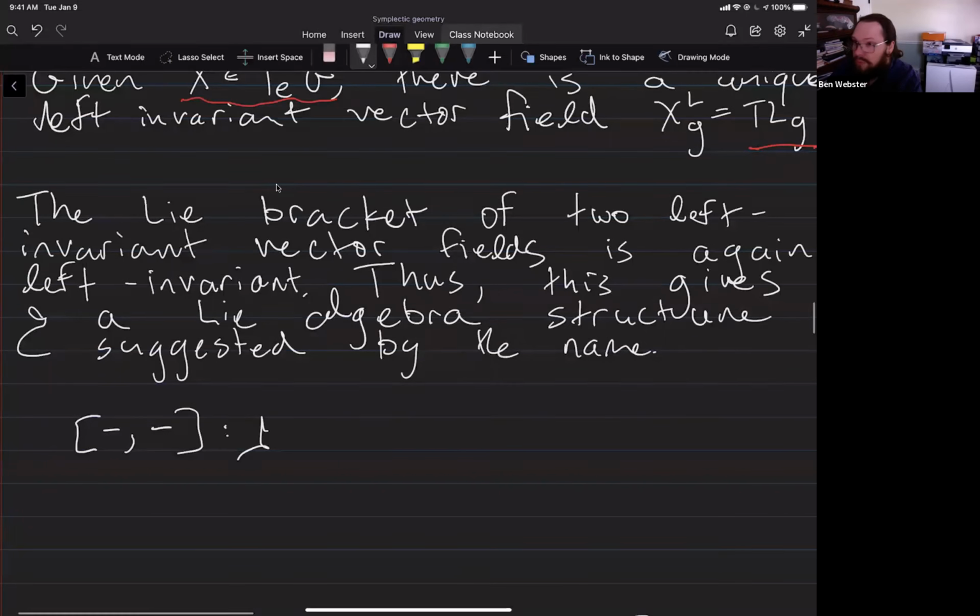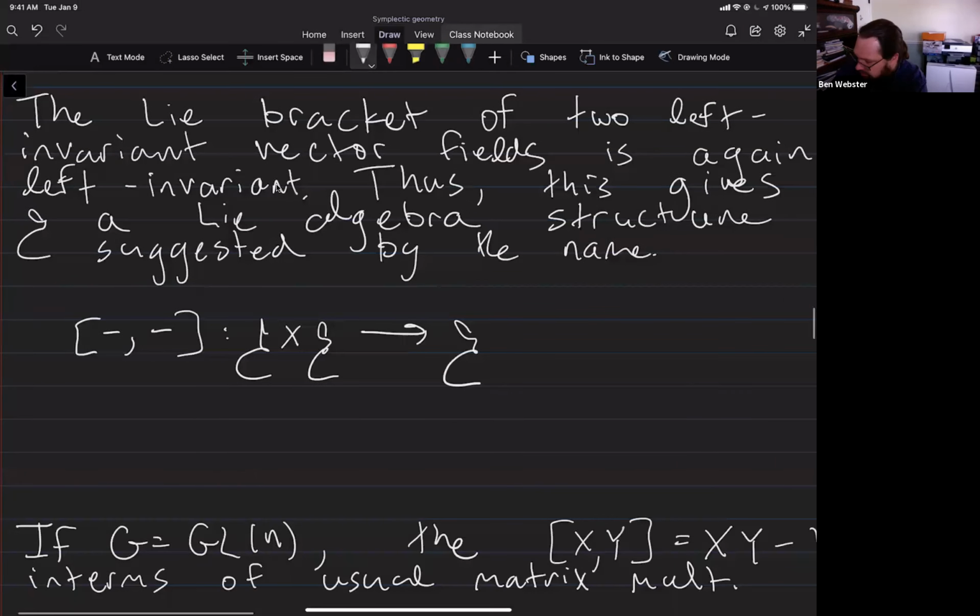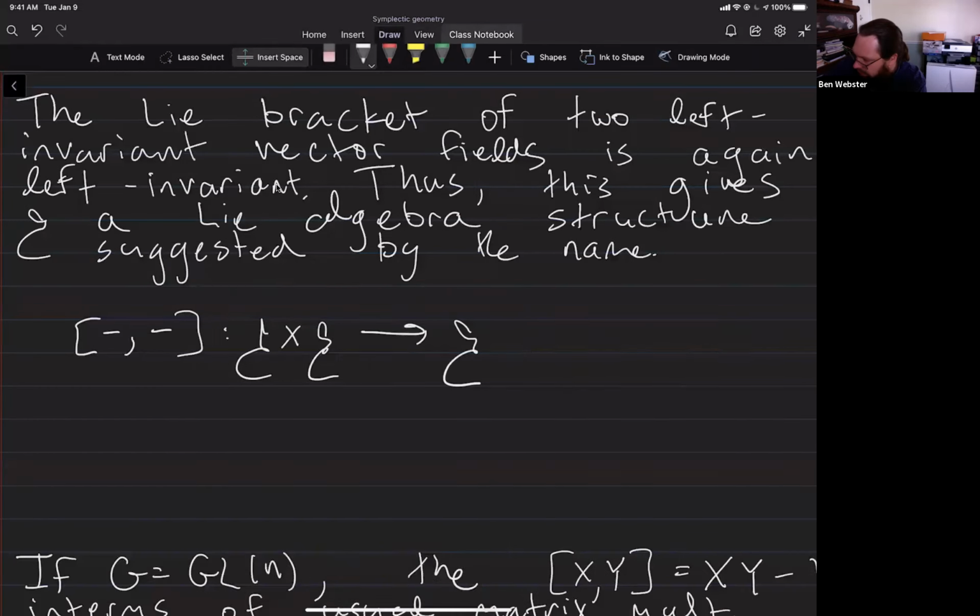All right. So what I was going to write out is that this gives me a bilinear map from the Lie algebra times itself to the Lie algebra, which satisfies these properties that we wanted. I'm just reminding you of the definition of a Lie algebra. One, it's bilinear.